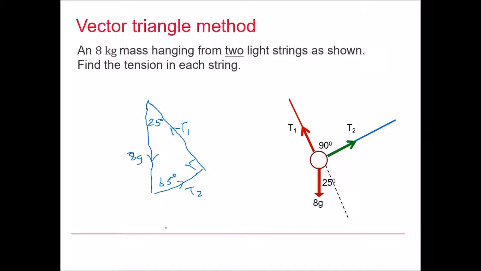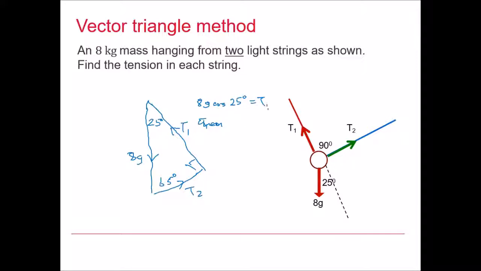Now at that point you could use, I wouldn't use the sine rule because you've got a right angle, but you could use elementary trigonometry. You would end up saying that T1 cos 25 is equal to 8g. Or rather, sorry, I've got that the wrong way around, haven't I? 8g cos 25 is equal to T1.